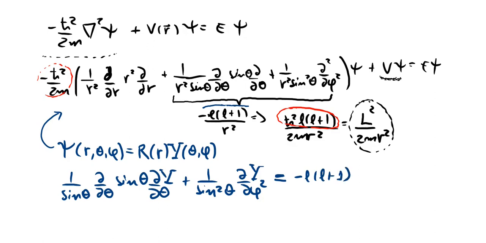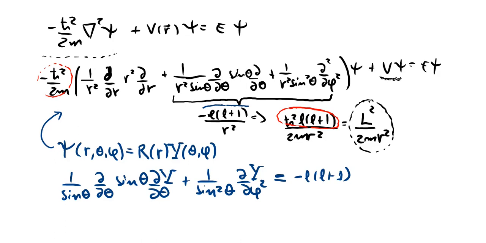This could be any constant, but I'm calling it l(l+1), you will see later on, because it will make my equation look like the equation for the spherical harmonics, or for a Legendre polynomial equation, actually the associated Legendre polynomial.